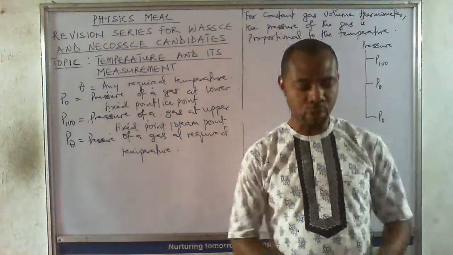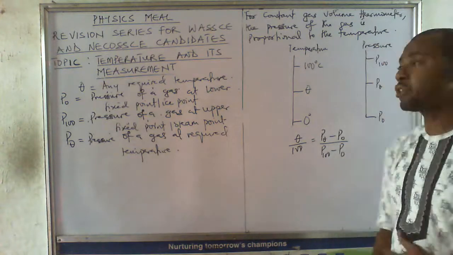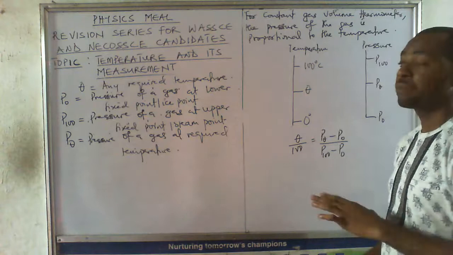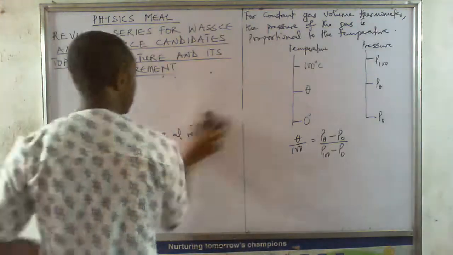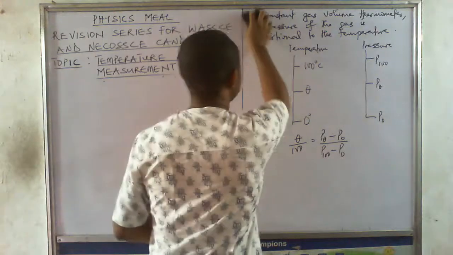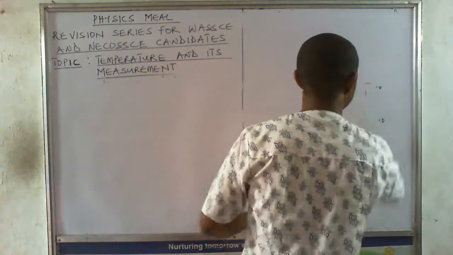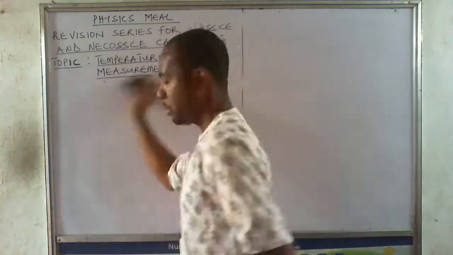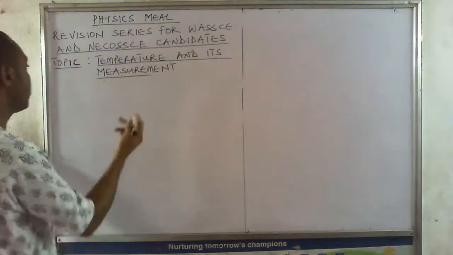So we were able to obtain various expressions, and those expressions will help us to carry out some calculations now. So let's write down few expressions that we are going to use for calculations. Let's put them down quickly so that we can move. So let's remind ourselves some of these expressions.